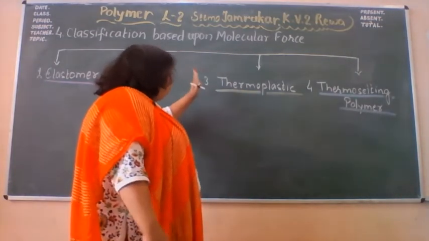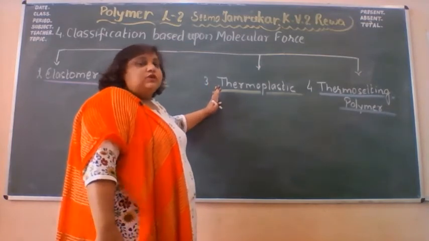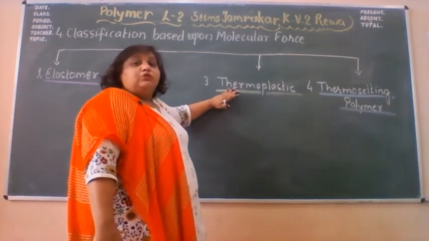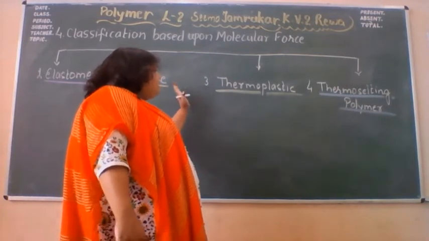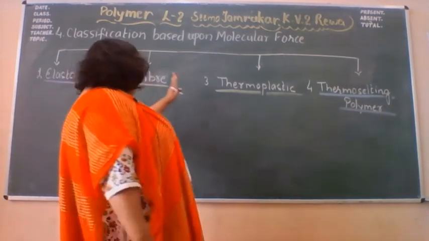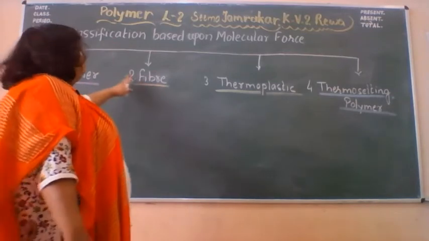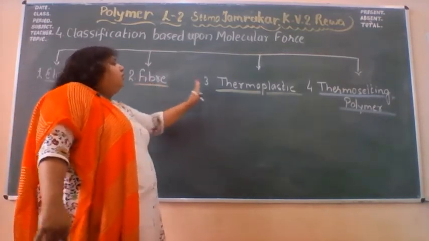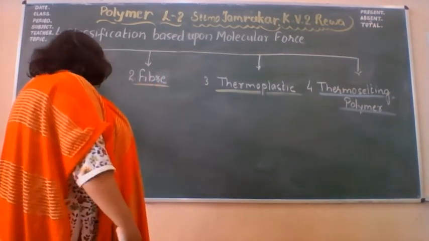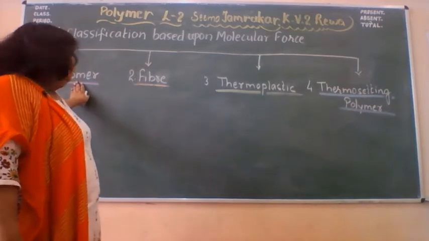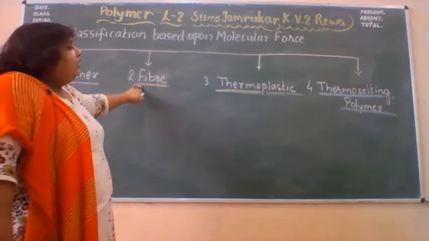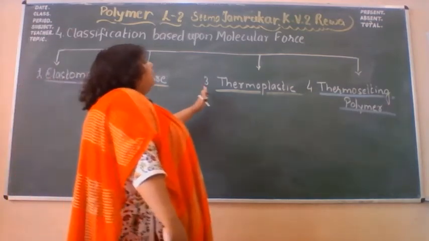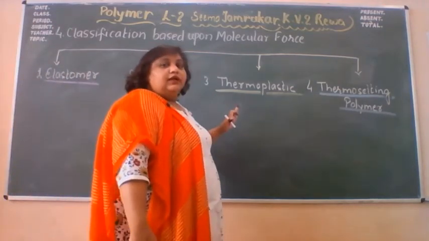The molecular force that binds together the monomer units of the thermoplastic is somewhere in between the elastomer and fiber. The force is stronger than the elastomer, but weaker than the fibers, right? And they are thermally sensitive, right?